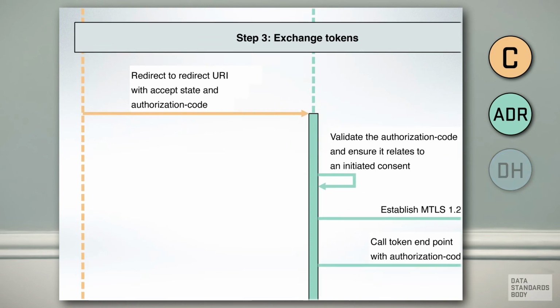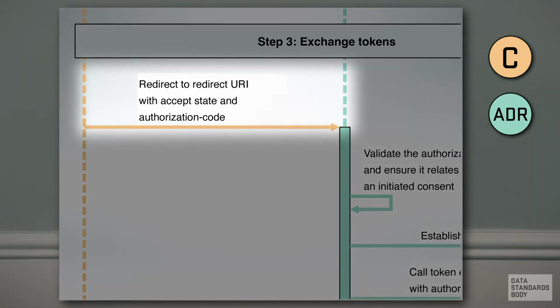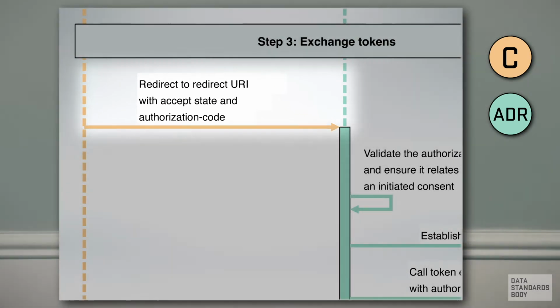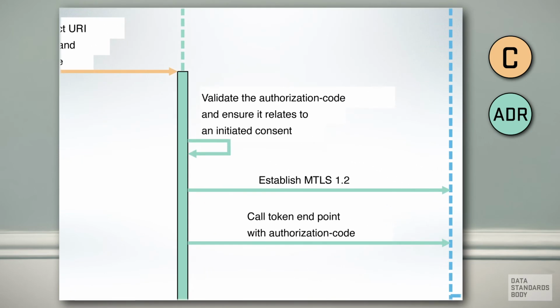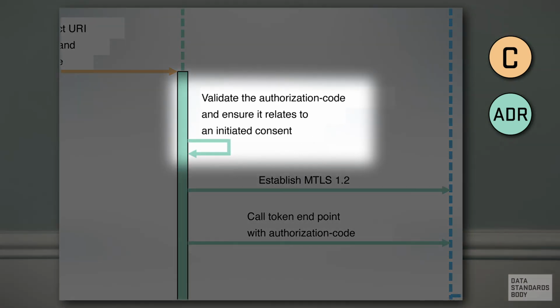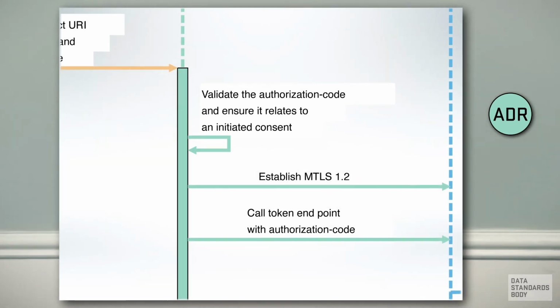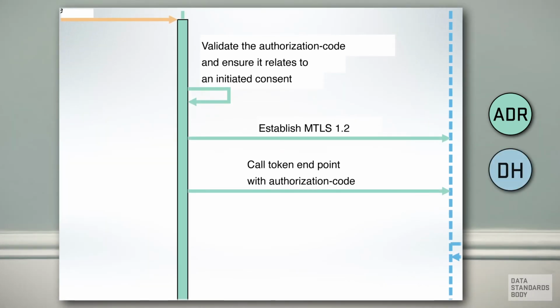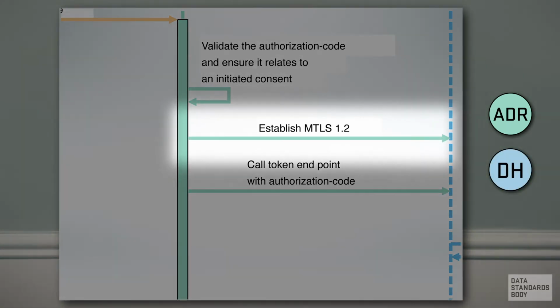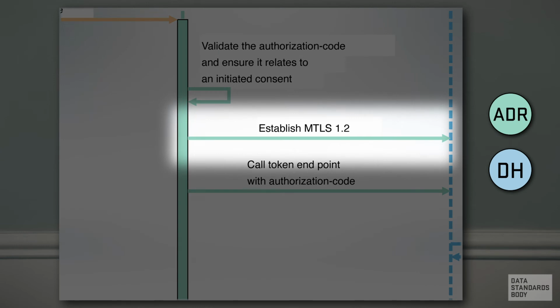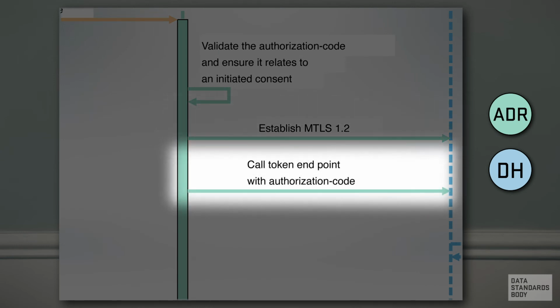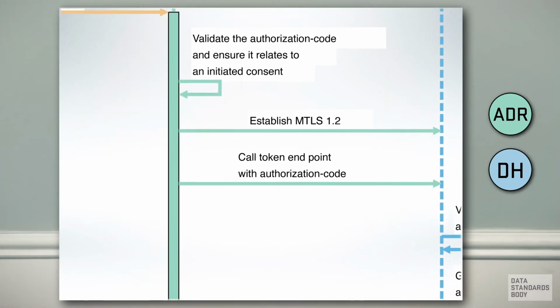I redirect that back to the ADR. The ADR receives the authorization code and the accept status and other fields that are included in the response as per the standard. And then the ADR will establish MTLS with the data holder, and they will call the token endpoint with the authorization code.